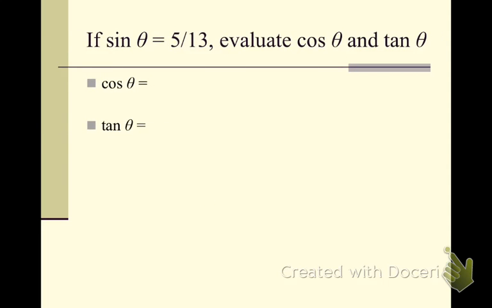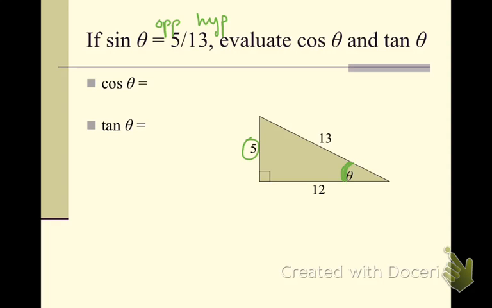If you know the sine of theta is 5/13, let's see if we can figure out cosine and tangent. So let's start by drawing a triangle and labeling the sides, knowing that the sine of theta is 5/13. That actually gives us side lengths. That tells us that if we pick an angle to be theta in our triangle, here's theta, 5 is the opposite, so here's 5, and 13 is the hypotenuse based on the sine side length ratios.